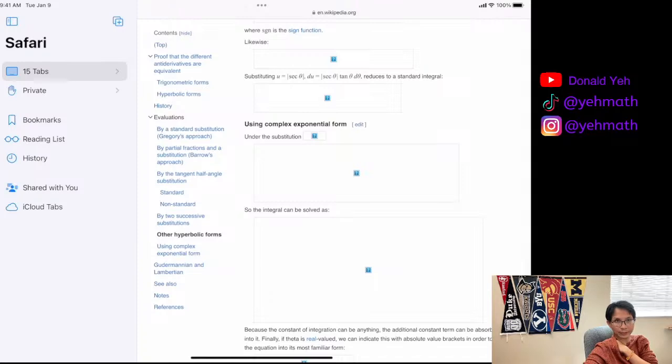James Gregory, 1668. So it's before Rolle's theorem. That's pretty crazy, to come up with this. It's pretty impressive.